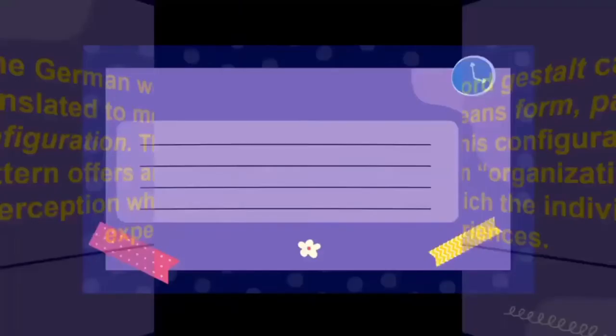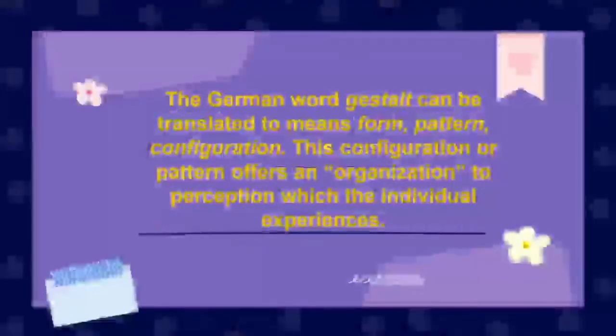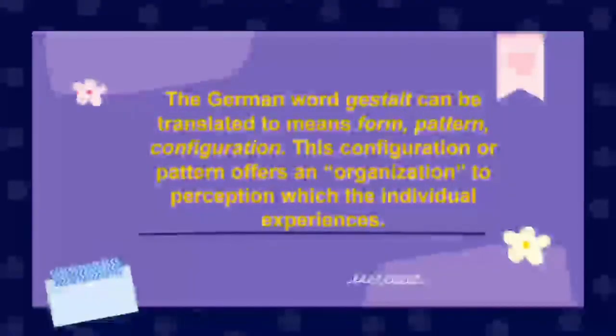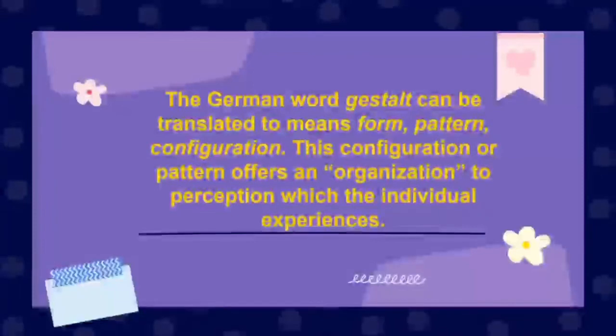the German word Gestalt can be translated to mean form, pattern, configuration, and this configuration or pattern offers an organization to the perception which the individual experiences. So what do we mean by this? What do we mean by form or configuration? Form means to begin to exist, or to make something begin.